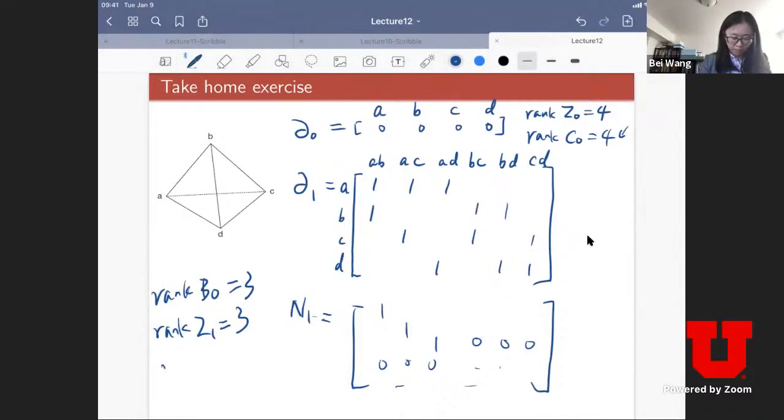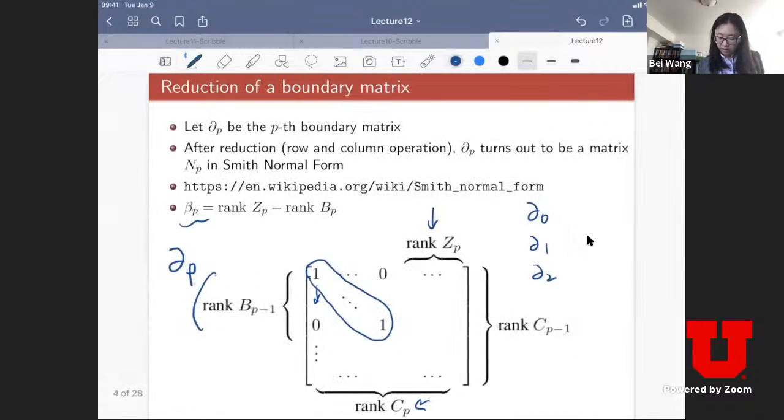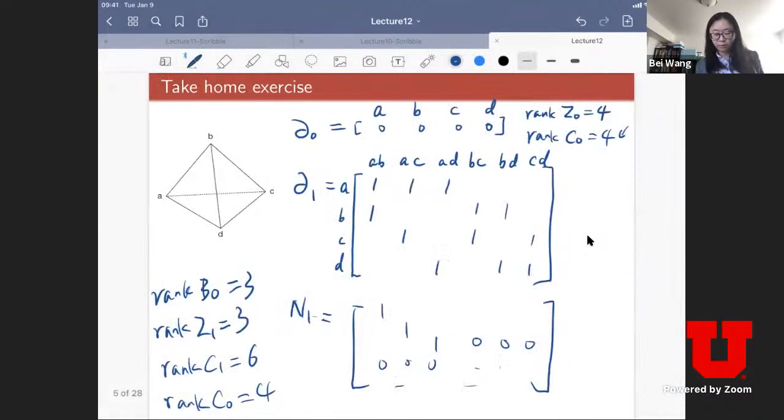And if I want more information, the rank of C1 is 6 because that's just the number of units I can use to generate one-dimensional chains. And then finally, the rank of C0 is 4 because the rank is the number of rows, that is equal to 4, okay? This is the same as before, the rank of C0 is 4.